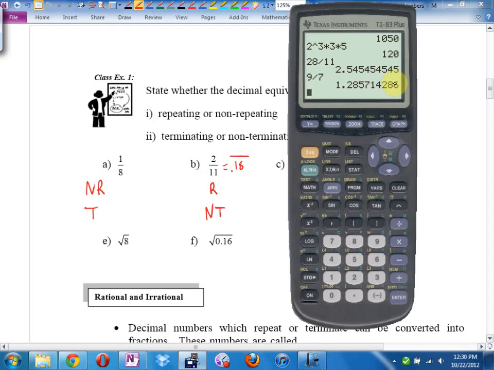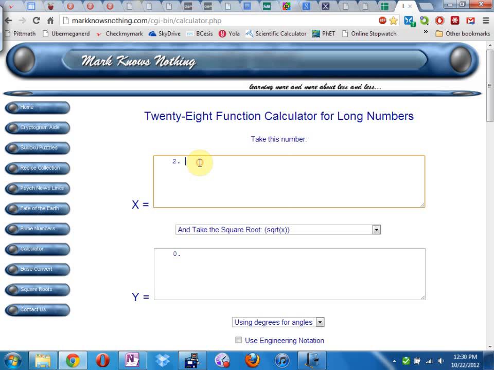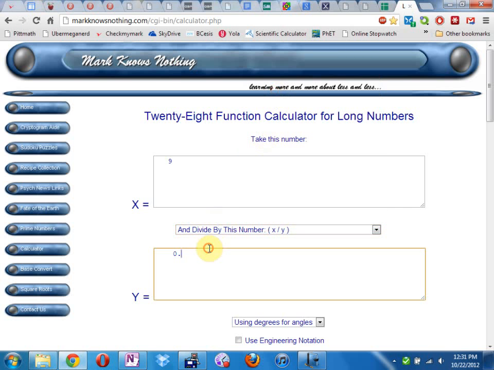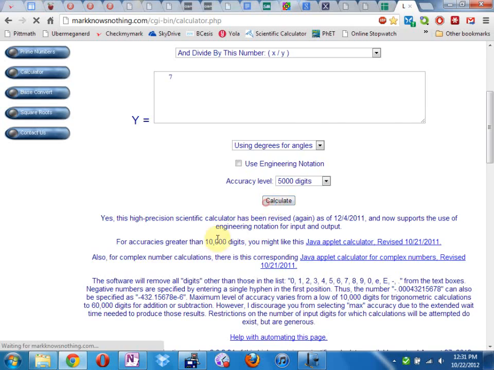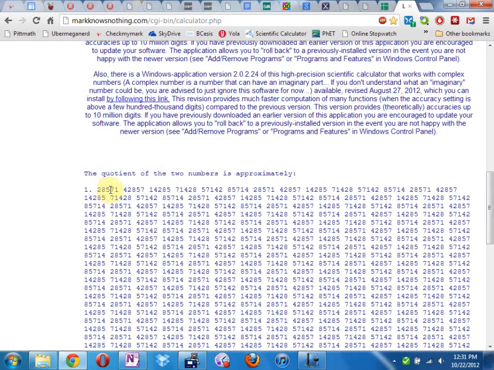I'll convince you. 9 divided by 7. Calculate. And I get 1.2857142857142857142857. Hear it?